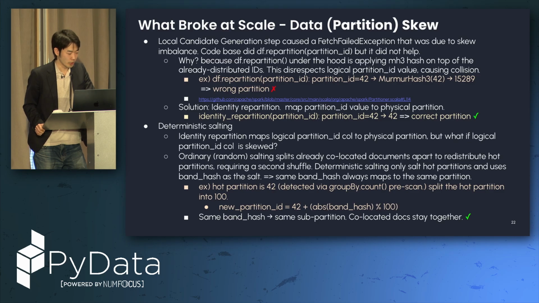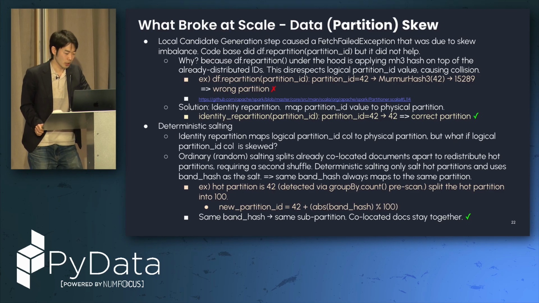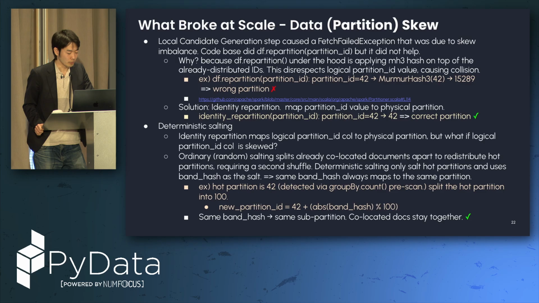So the question is, are we done with the skew? Not yet. There's another problem, and I'm gonna explain deterministic sorting. What identity repartition solves is the mapping of the logical partition ID column to the physical partition ID, but what if the logical partition ID column itself is skewed? I know that the logical partition ID is done by MH3, so it's already well distributed.